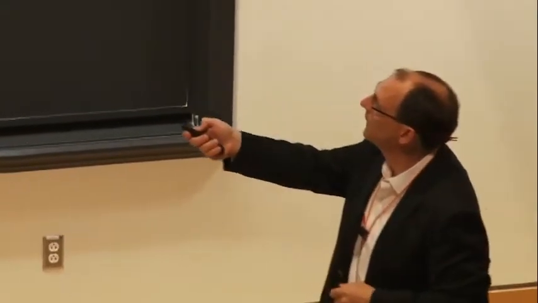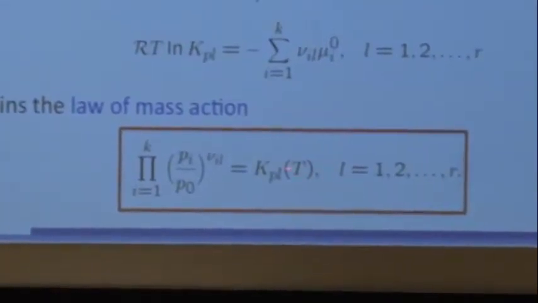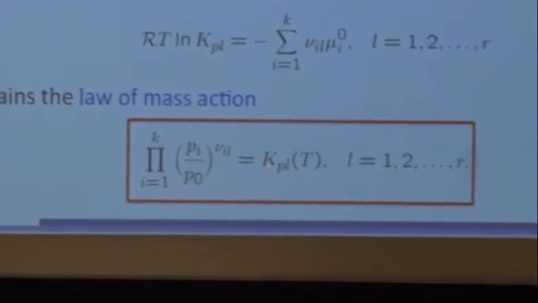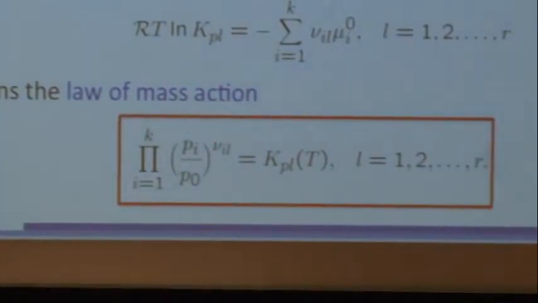So in equilibrium, what this tells me is if I fix a certain temperature, I can compute this thing, and then at this temperature, it tells me what this ratio is. If K is very, very large, then I will have all products, no reactants. If K goes to 0, then I will have all reactants and no products.